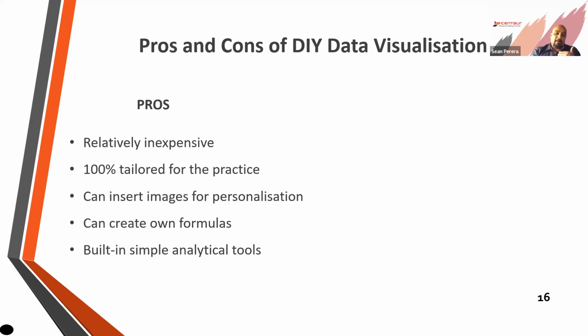I use a 16-month period with a 2-month buffer. So you can create the formula to suit your needs, and in addition to all that, you can use simple and advanced analytical tools that Excel already comes with.